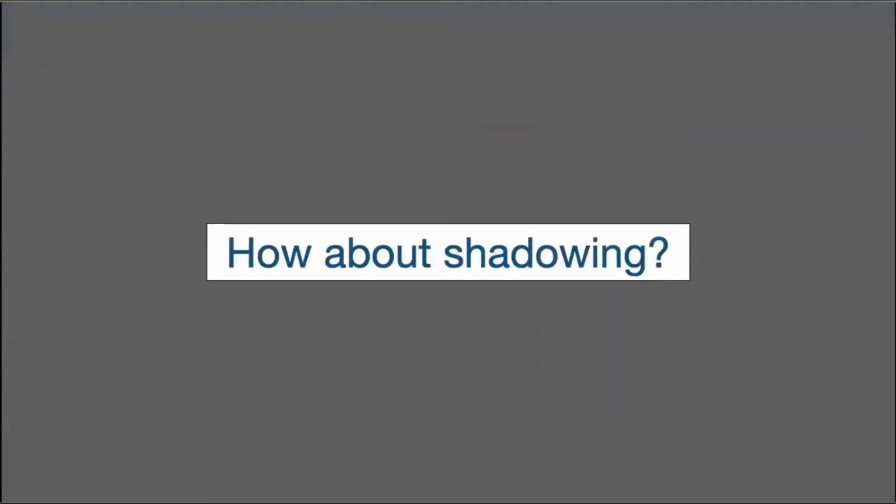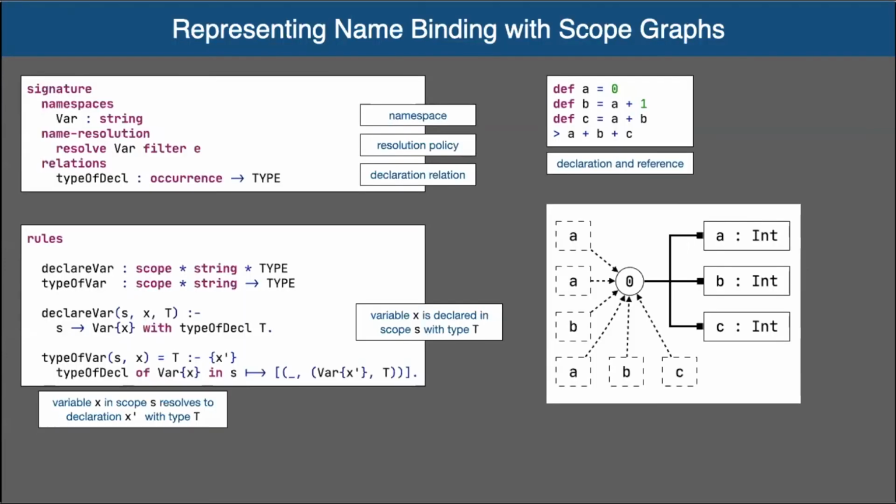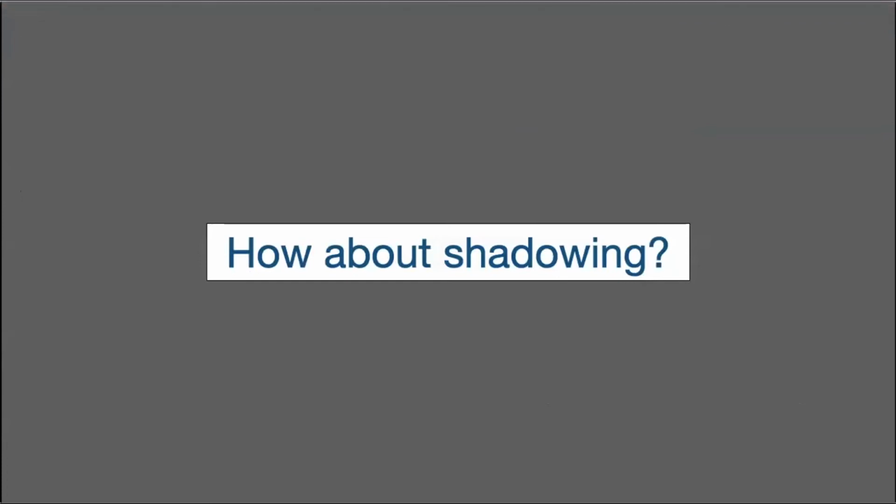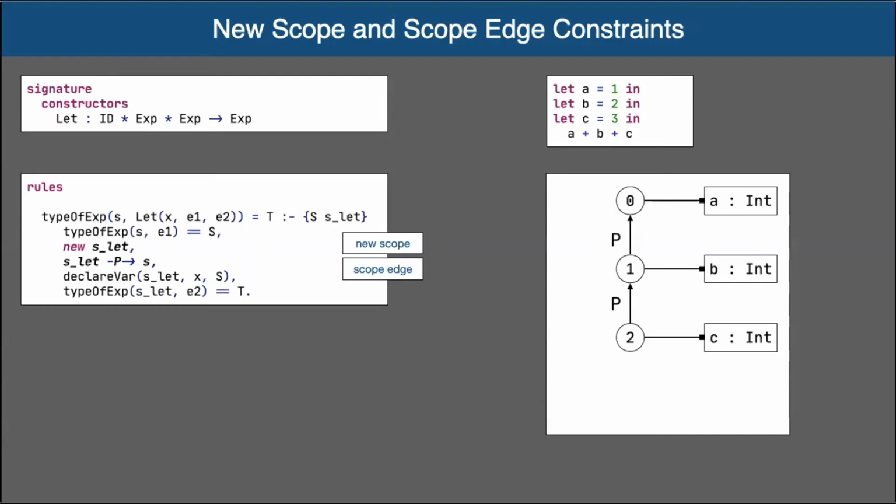All right. Okay, so basically what we see is we resolve references to declarations according to these definitions. So how about shadowing? How about some more interesting binding structures? So let's look at lexical scope.